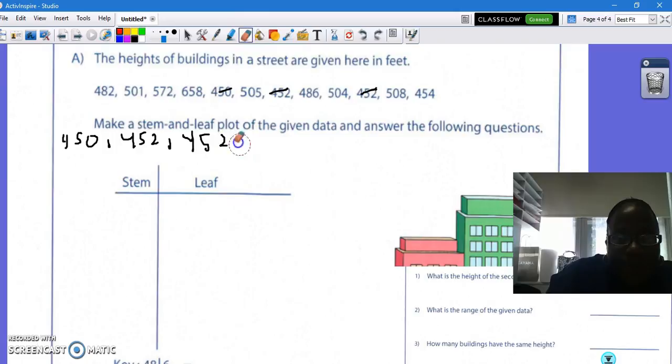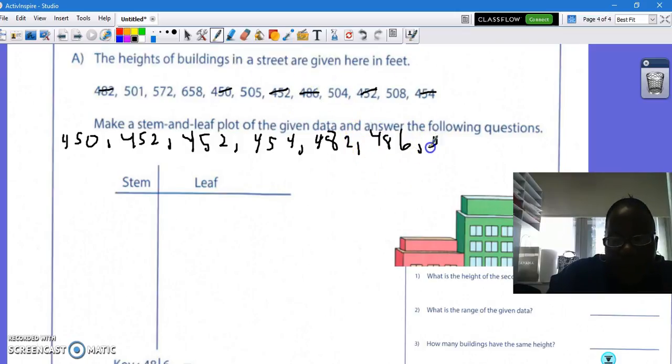Is that comma? 454, then 482, and 486, 501, 504, 505, 508.